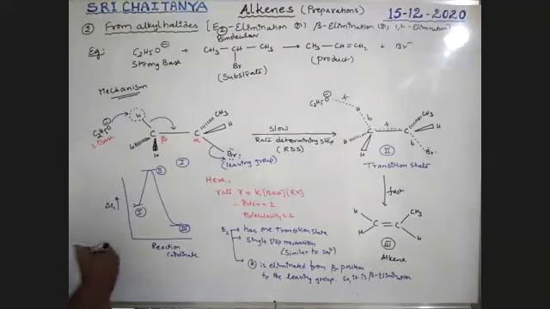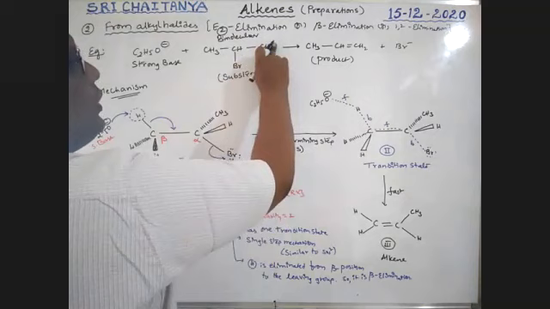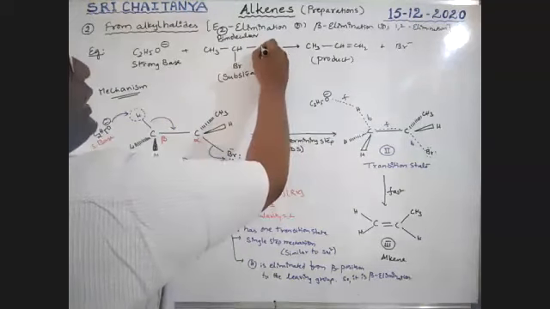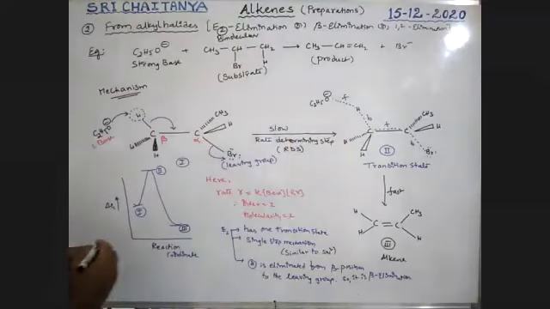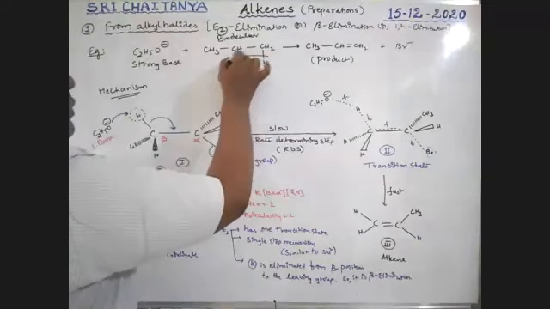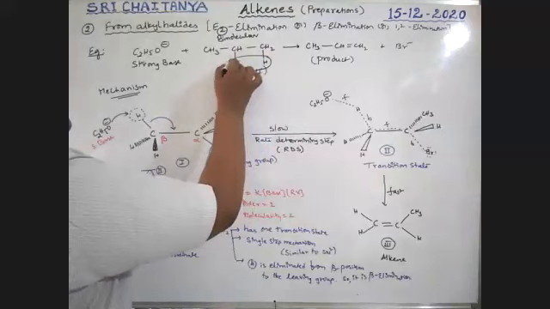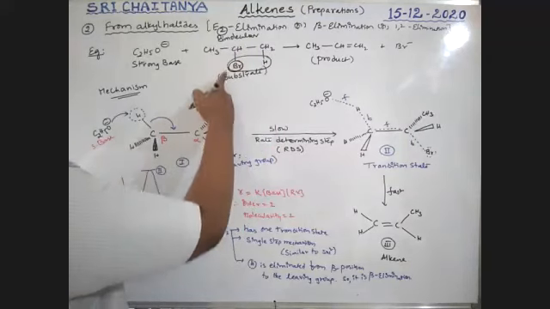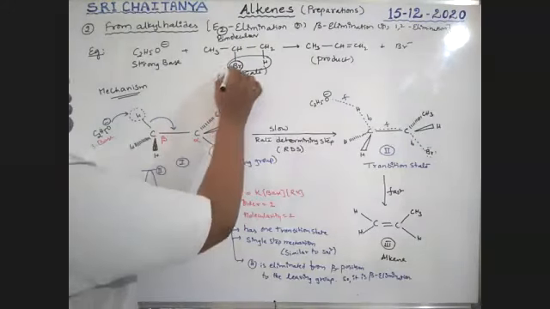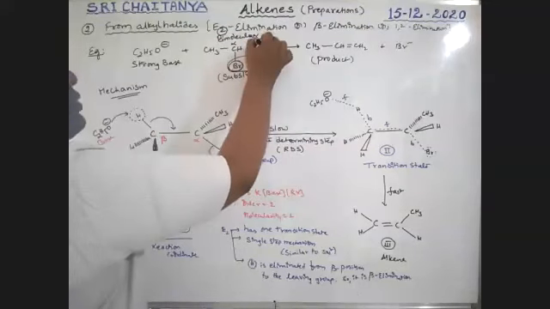So what happened here? See here. It is CH3, CH2, and these two, H and Br, are eliminated from adjacent carbon atoms, boys. This is our leaving group. This is the alpha position, and this is the beta position.